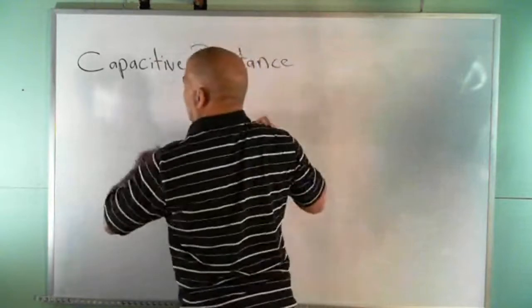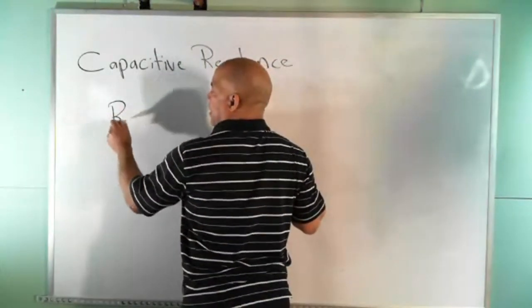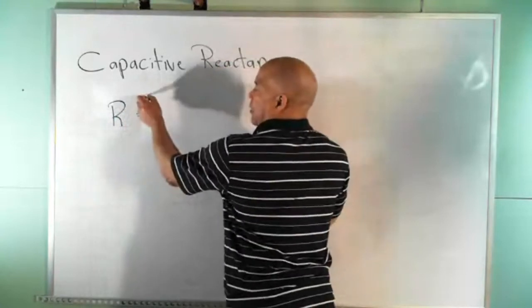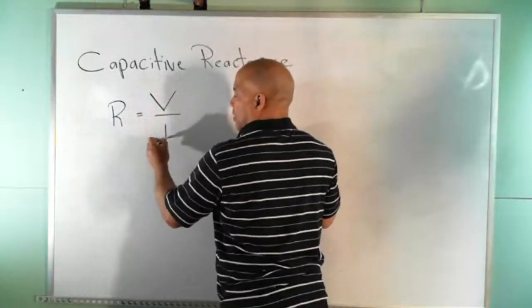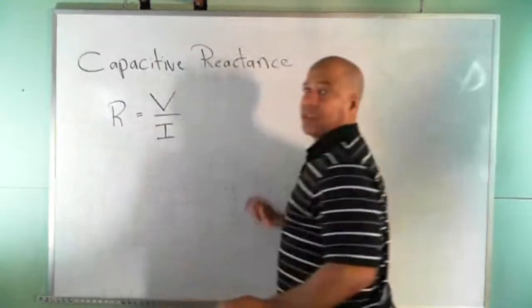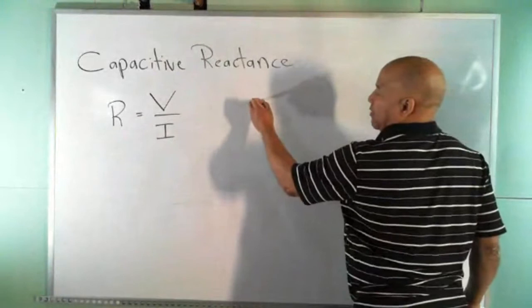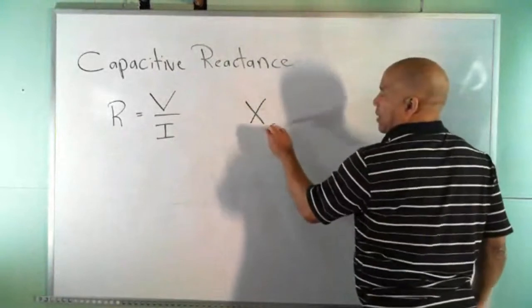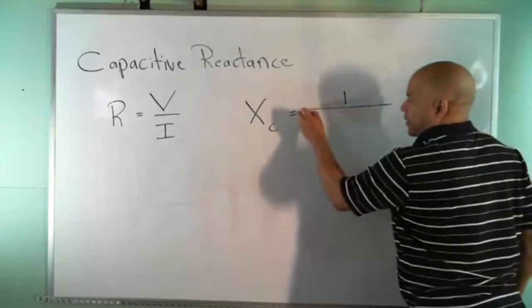For resistance, for all practical purposes, if I know the voltage across the device and the current through the device, I can get the resistance of the device. But with capacitive reactance, XC, to calculate it, you have to know two things.